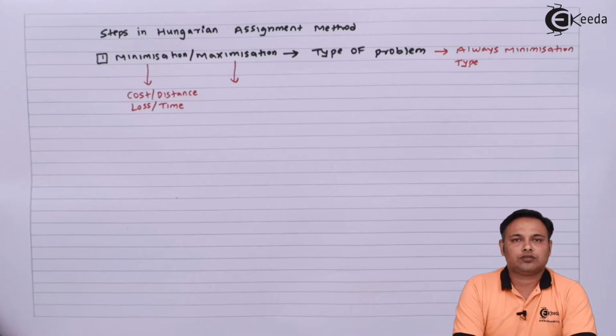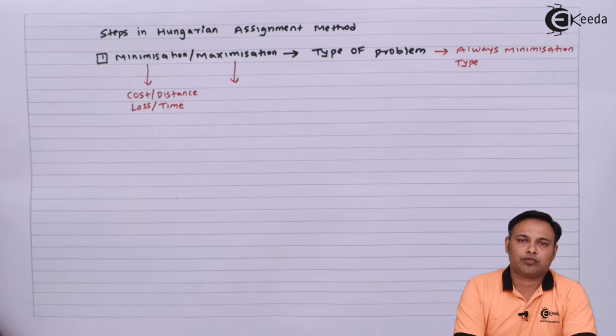So cost, distance, loss and time will be the problems based on minimization, whereas sales, profit or contribution per unit will be the problems based on maximization.